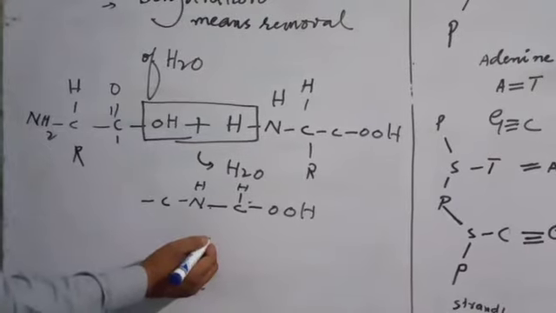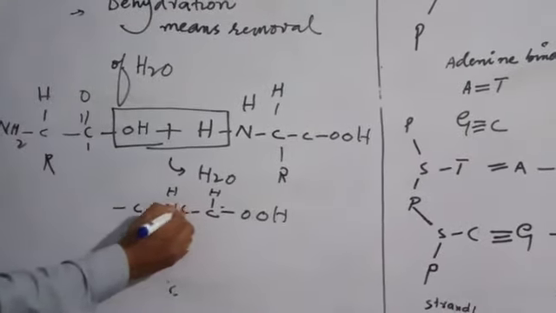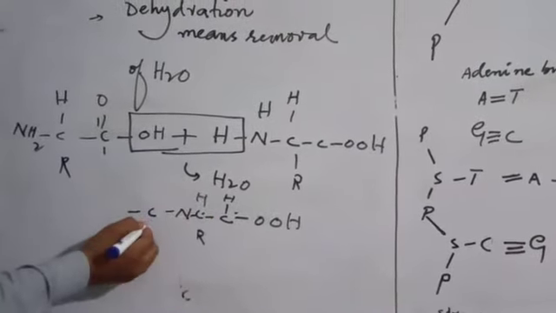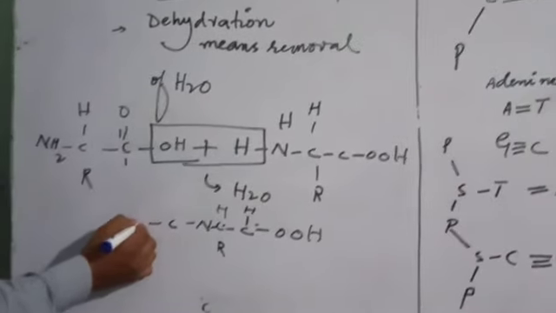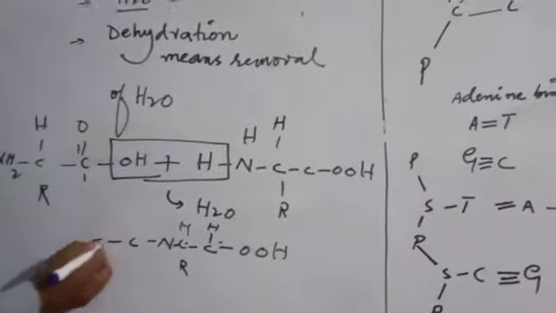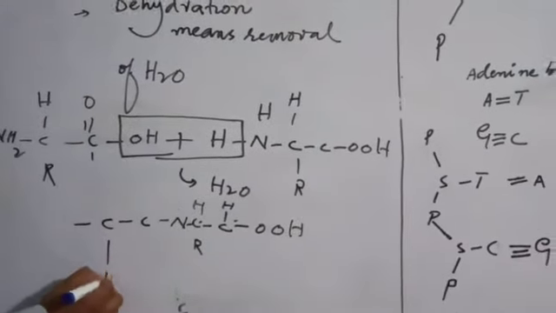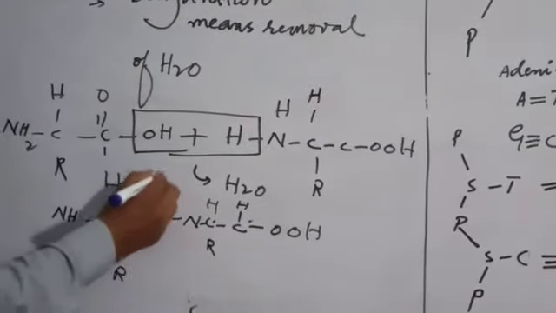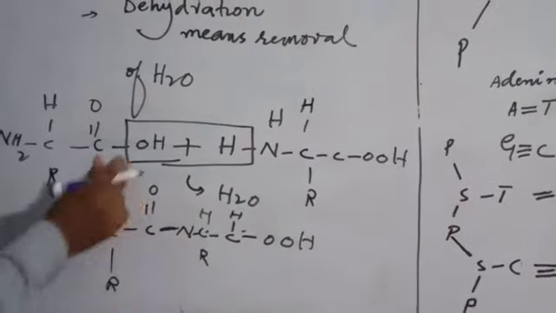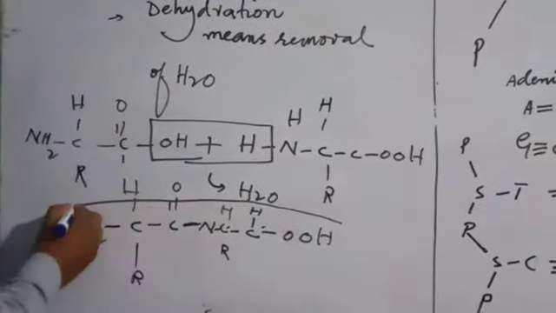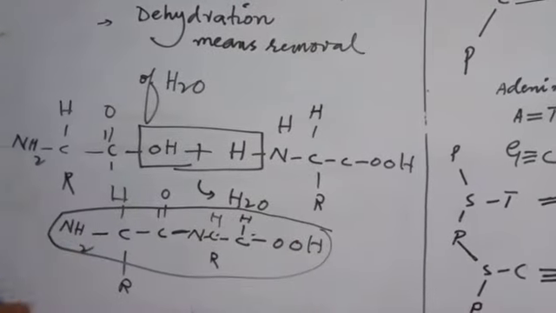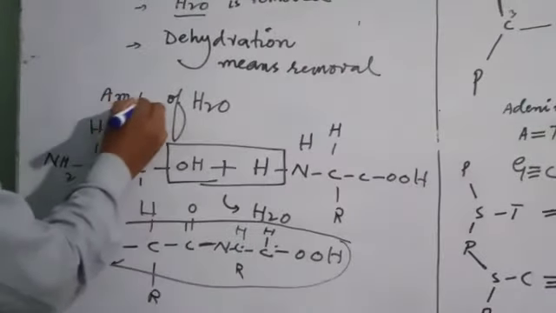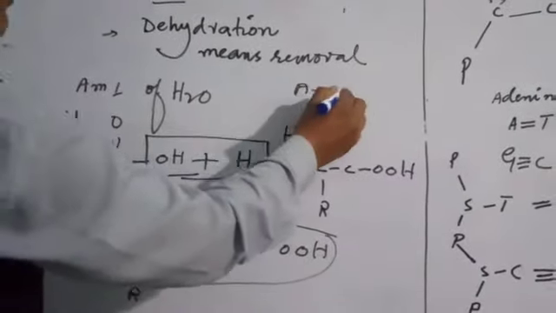This one is called the large molecule, and these are the two amino acids, amino acid 1 and amino acid 2.